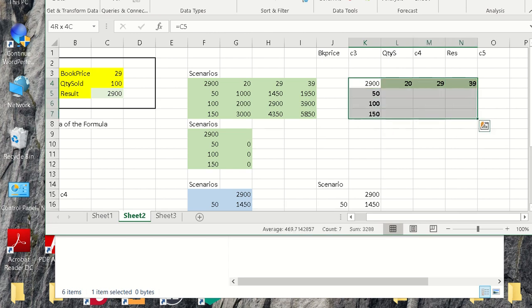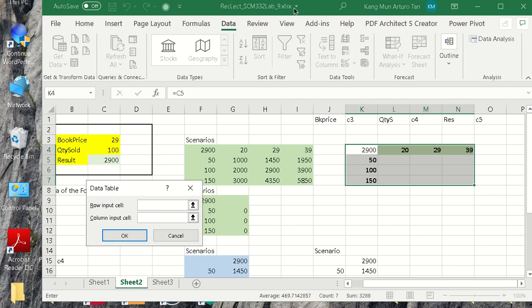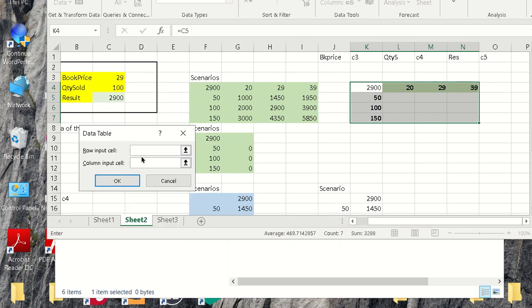So you're now ready, in step 2, to highlight the area. This is very important. You highlight the area, call this data, and then you go to what if analysis and data table. In the data table, you now write your row input cell.